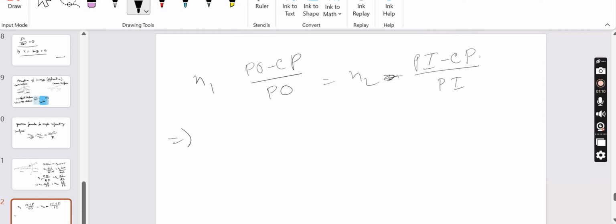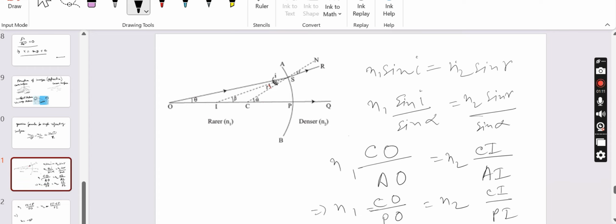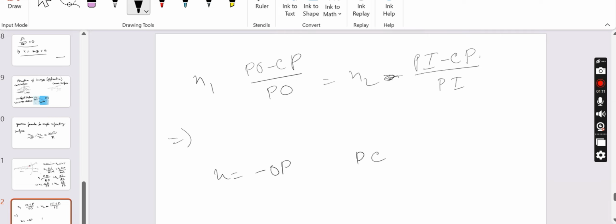So u is equal to minus OP, C is equal to minus R, and v is equal to PI.